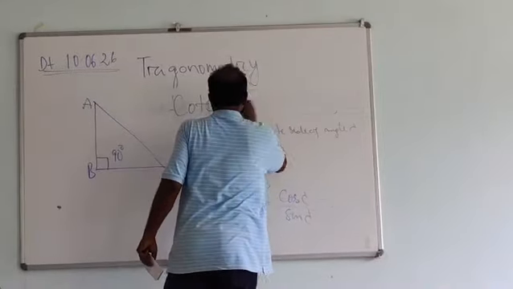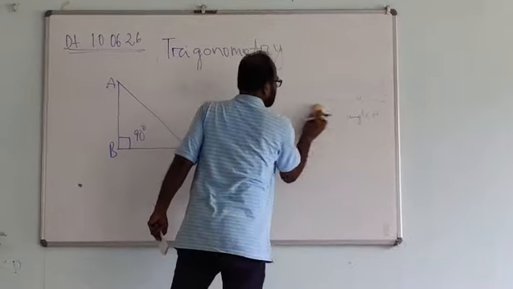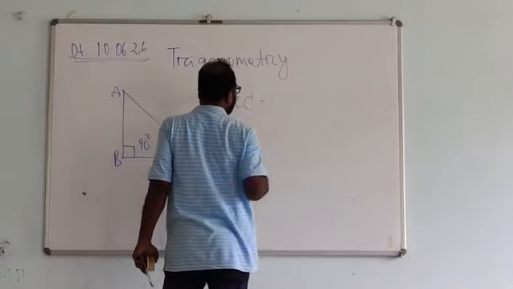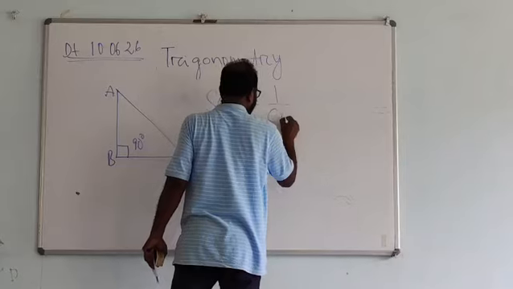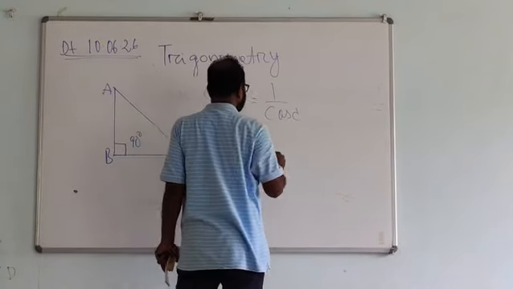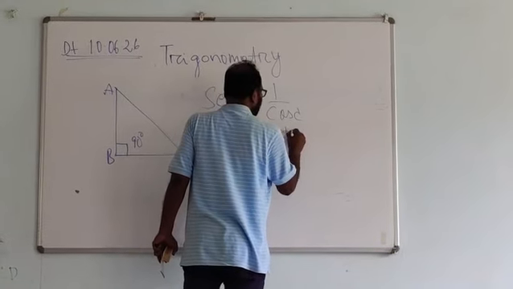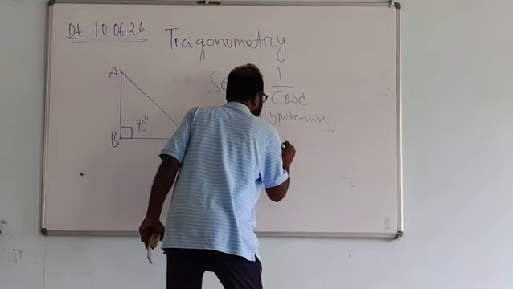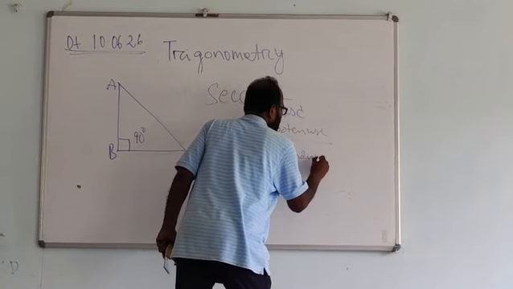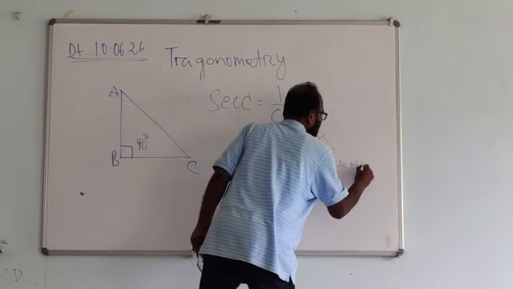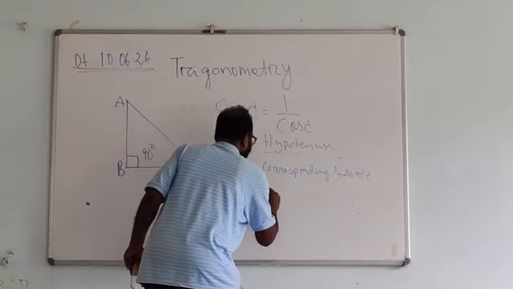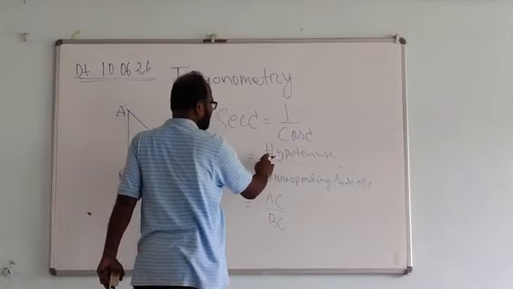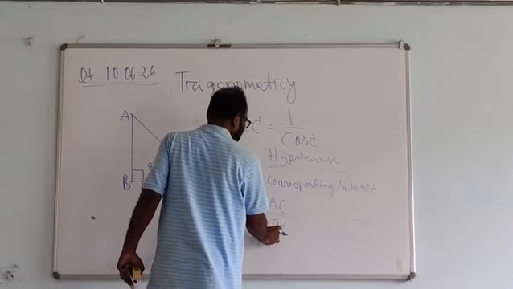Now sec C. Sec C is equal to 1 by cos C, that is hypotenuse by the corresponding side of C, that is hypotenuse AC by BC.